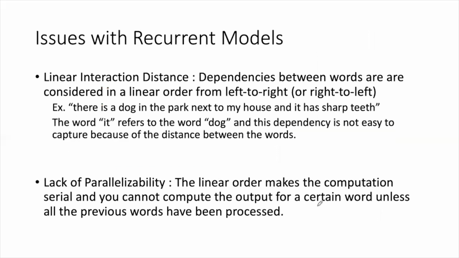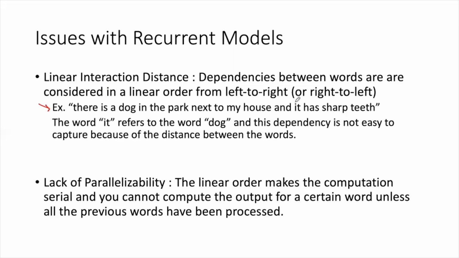Now, coming to the issues with these recurrent models, there are two main issues. The first issue is related to linear interaction distance. What this basically means is, let's consider one example. There is a dog in the park next to my house, and it has sharp teeth.